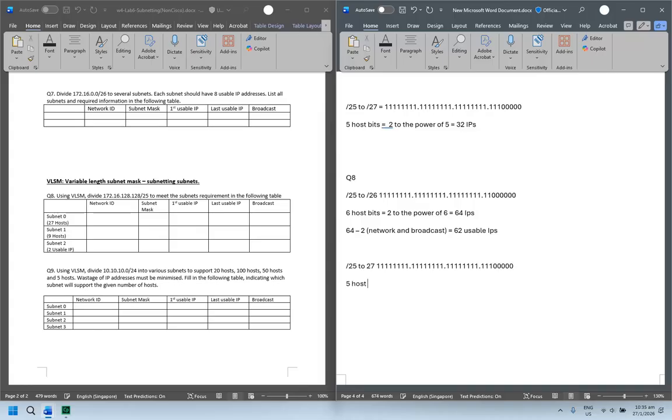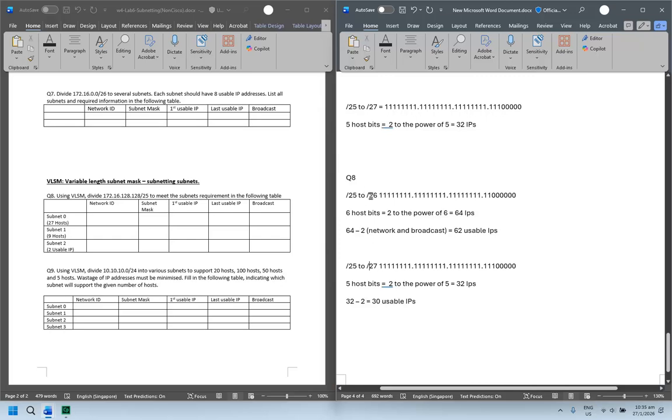Now we have 5 host bits, which is 2 to the power of 5, giving me 32 IPs. 32 minus 2 because of network and broadcast, I will have 30 usable IPs. So with the new subnet mask of /27, I still have 30 usable IPs, which still can fit my 27 hosts.